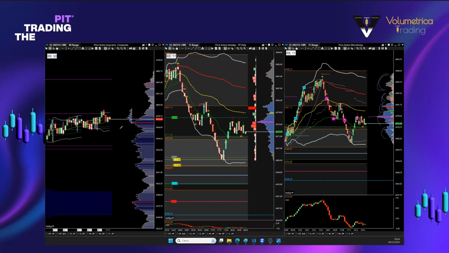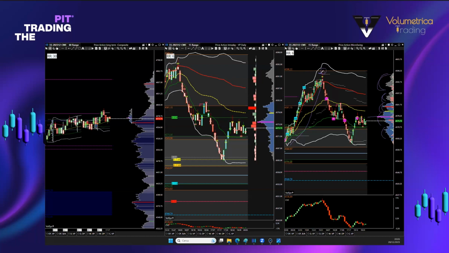It reached a previous level of resistance. Can you see this level, this orange line that comes from the market profile? That was a previous value area of a market profile of August, if I remember that right, because we are trading back the old levels we have been trading in August.